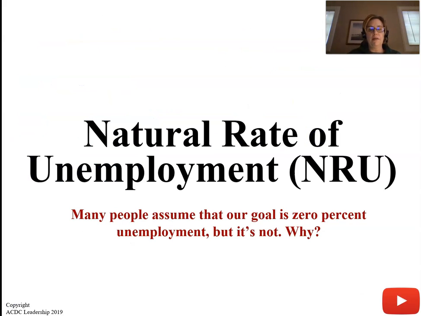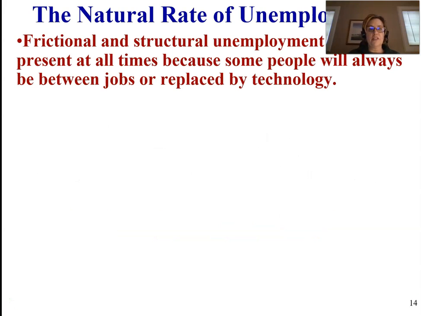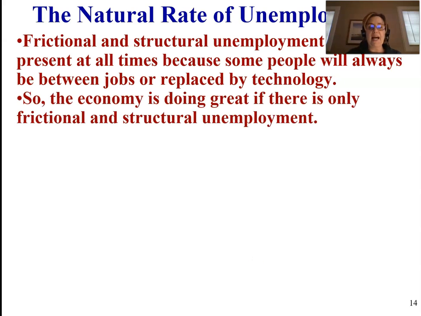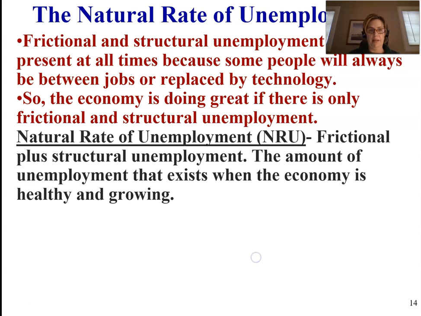The goal of unemployment is not zero. There is what we refer to as the natural rate of unemployment. Frictional and structural unemployment are present at all times because some people will always be between jobs or replaced by technology. So the economy is doing great if there is only frictional and structural unemployment.